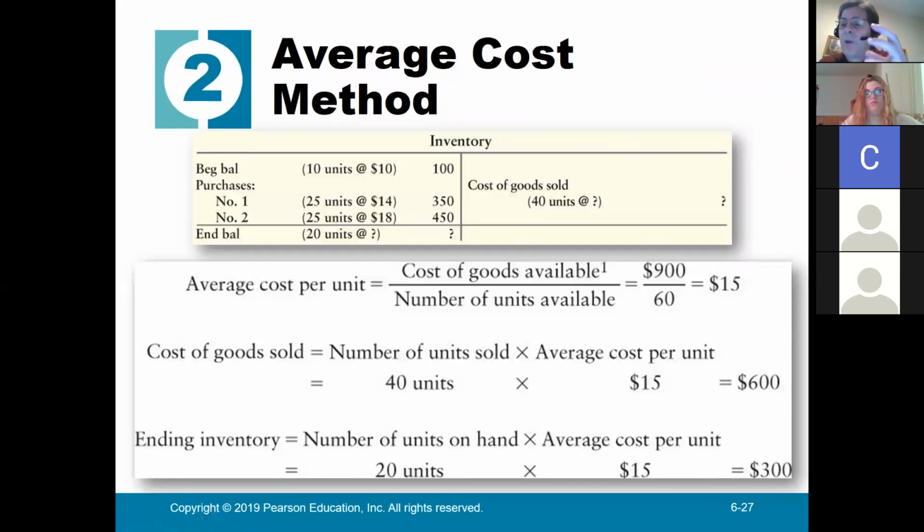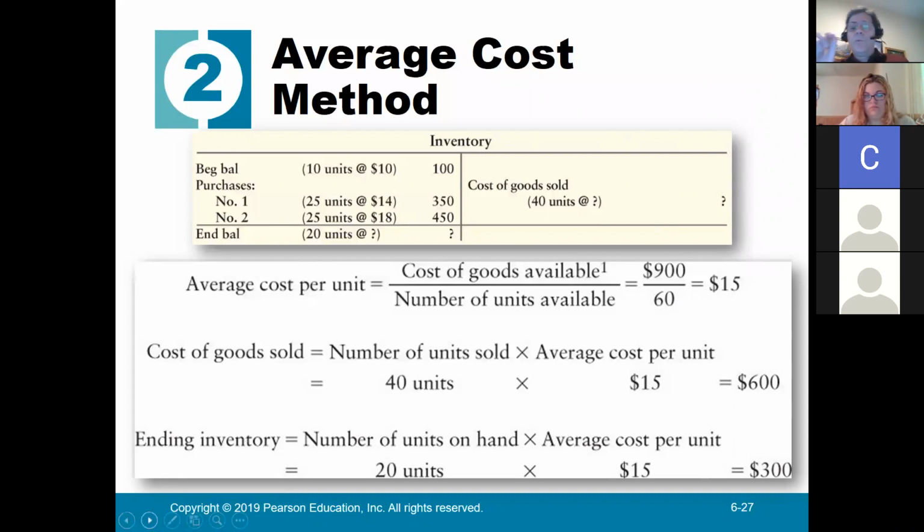I like to say that with the weighted average, all of them become one. There's no such thing as $14 ones, $18 ones, $10 ones. They're all in one big pile and they all cost $15.